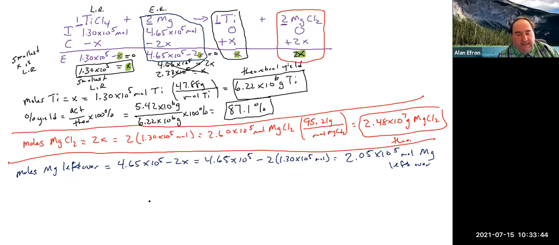We then can take that number and times it by the molar mass of magnesium from the periodic table, 24.31 grams per mole. That looked pretty bad there.